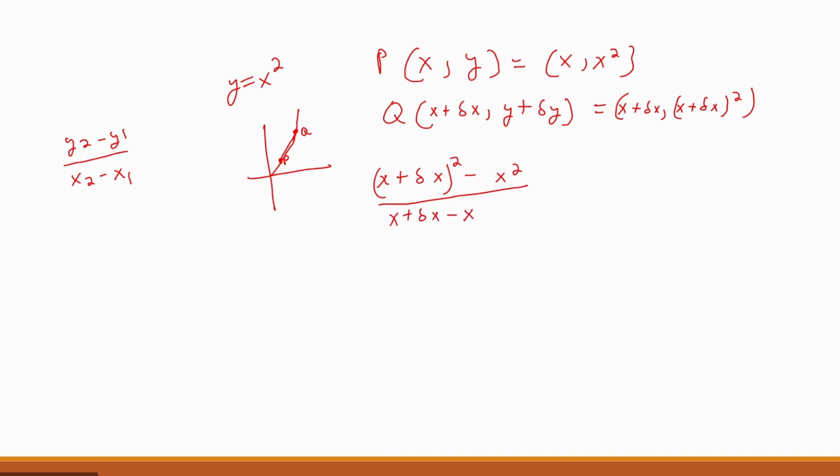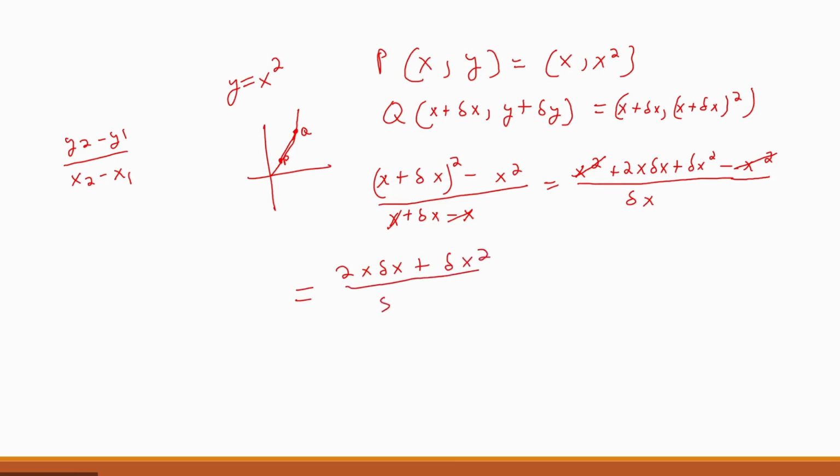Alright, from seeing this you can cut this out and this out. Now let's open the brackets. So you have x squared plus 2x small change in x plus small change in x squared minus x squared over small change in x. From seeing just this you can cut this and this out. Now what you are left with is 2x small change in x plus small change in x squared over small change in x.